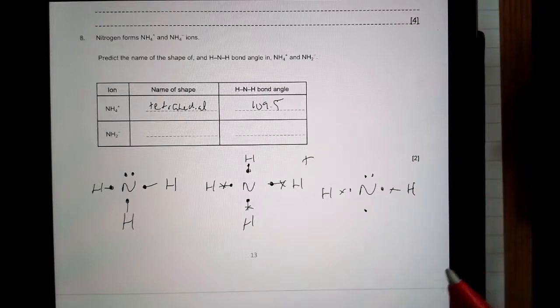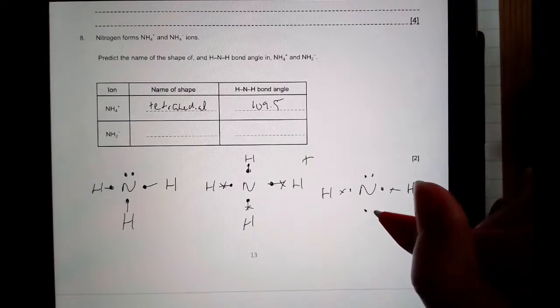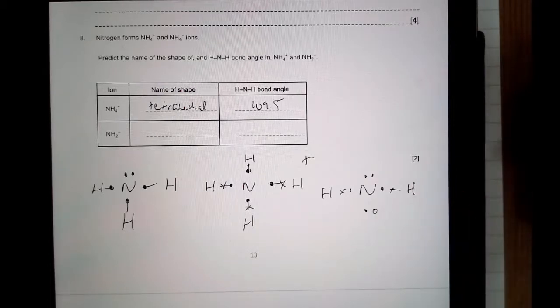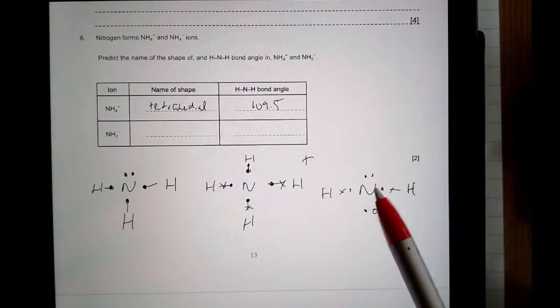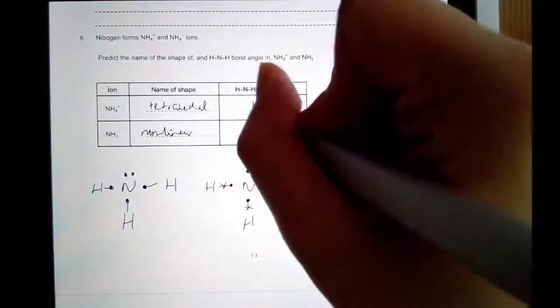But that minus charge tells me it has gained an electron, so I'm going to use an open circle to show that extra electron. It has gained an electron, so now my unbonded electrons are all in pairs, which is totally fine. And if I look around my central atom, I've got 2 bond pairs, I've got 2 lone pairs. That makes the shape non-linear, and the bond angle is 104.5.